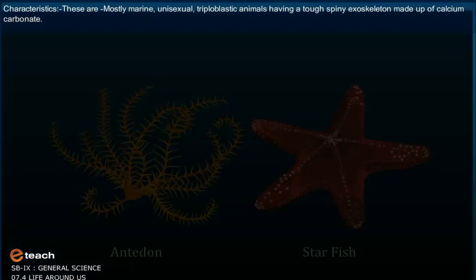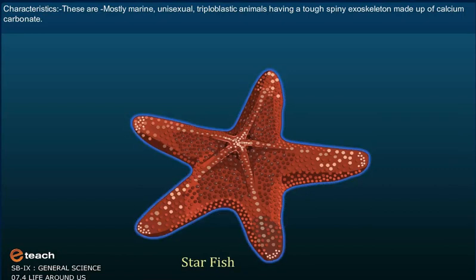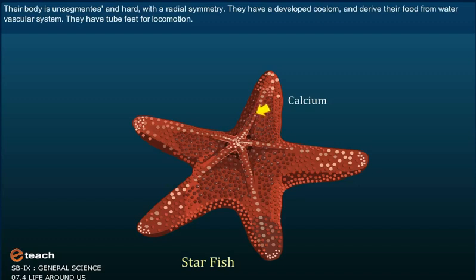Characteristics. These are mostly marine, unisexual, triploblastic animals having a tough spiny exoskeleton made up of calcium carbonate. Their body is unsegmented and hard, with a radial symmetry.